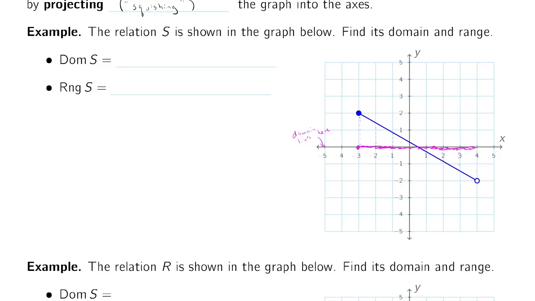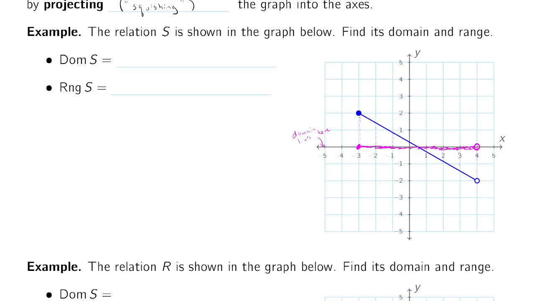And we see there's a point over here at -3 that squishes down to the -3 on the x-axis. And over here we have an empty dot at +4. There's no actual point on this graph that squishes to +4, although we get as close as we'd like.